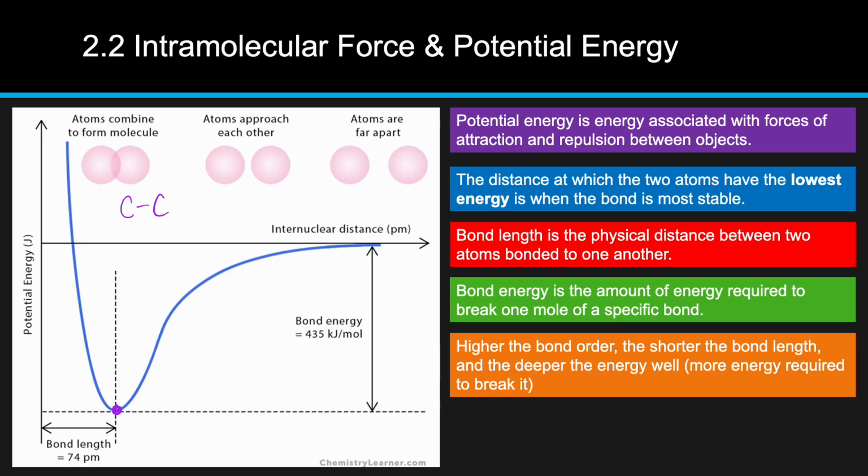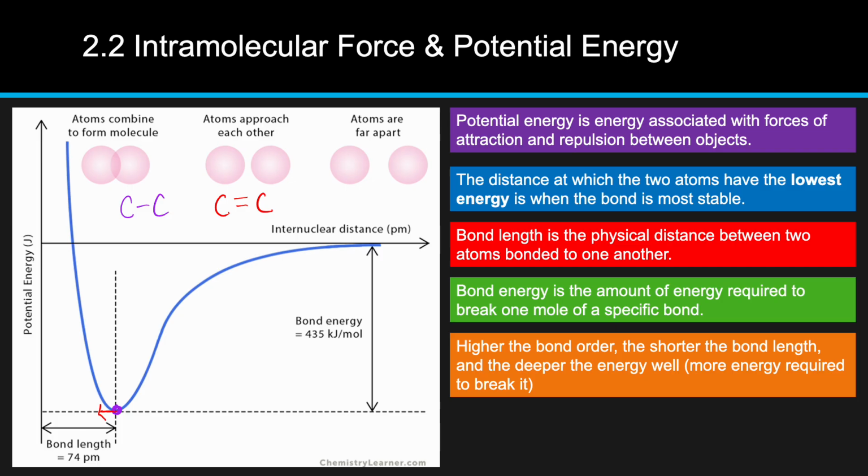If we were to do a curve for bond order of 2 for carbon, which just means a double bond, that means that this is a shorter bond length, right? So if it's a shorter bond length, that means we need to move it to the left. It's also a higher energy in order to break it, which means it's going to have a deeper energy well. So not only is it going to be more to the left, it's going to be lower.